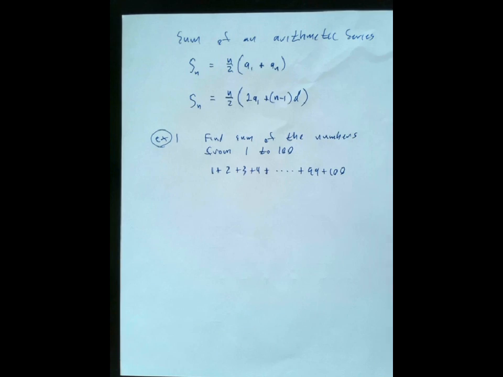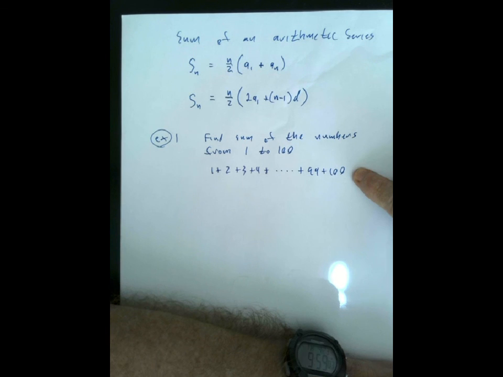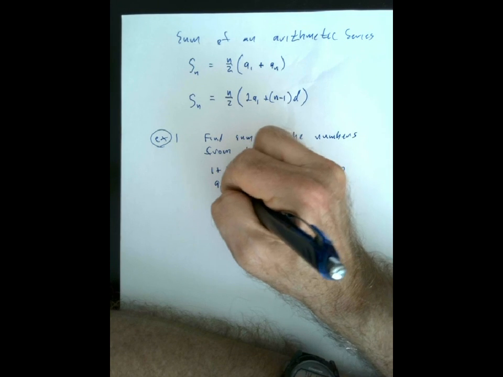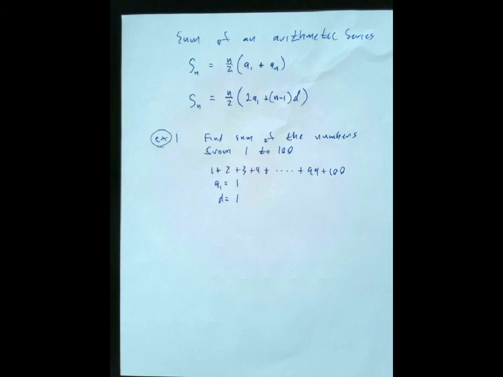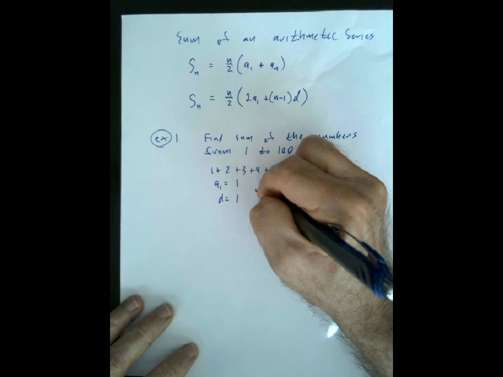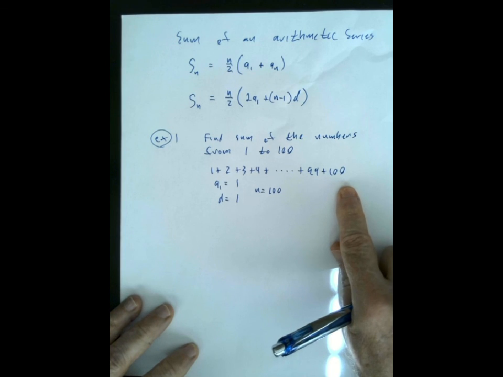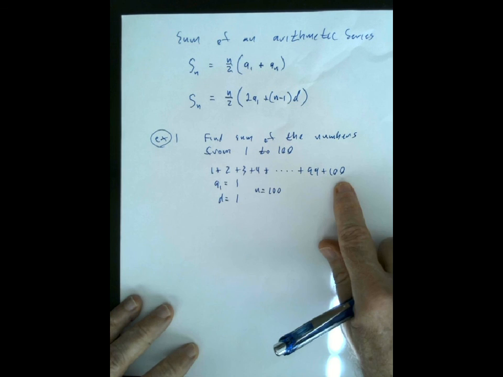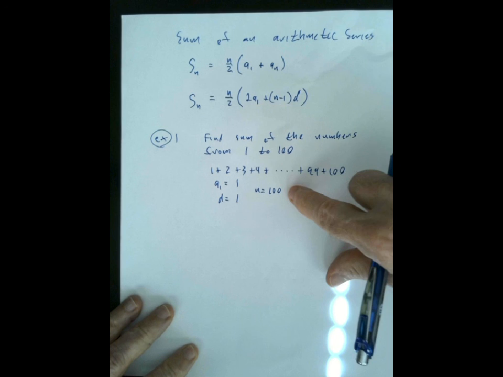So we can express our problem as an arithmetic series where a sub 1 is equal to 1, and d, the common difference, is equal to 1, and n is equal to 100, because we're adding up the first 100 numbers, so there would be 100 numbers in the series.